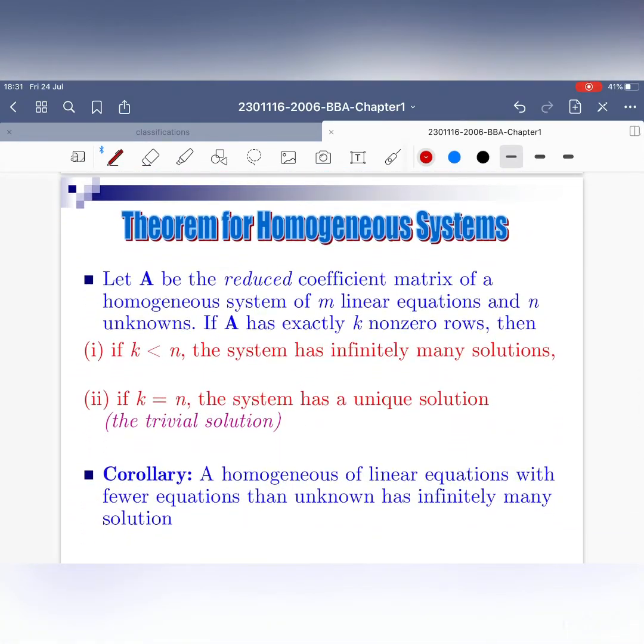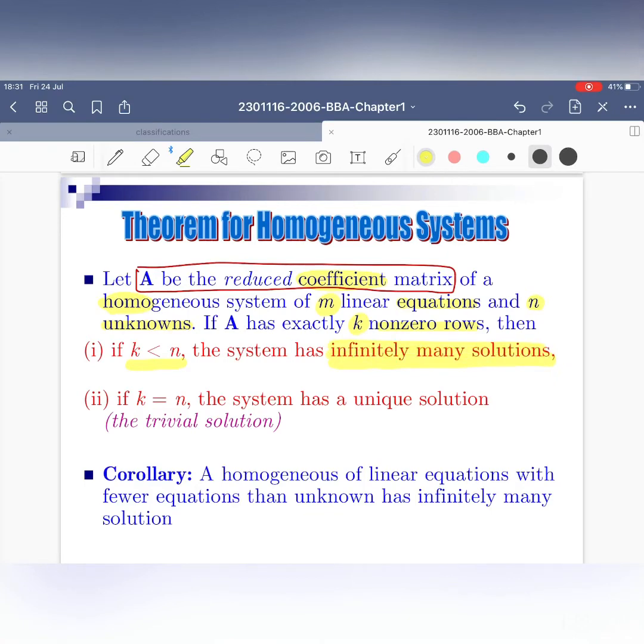So we have a theorem saying that if your A is a reduced coefficient matrix, so this is only the coefficients, of a homogeneous system of m equations and n unknowns, and your A contains exactly k non-zero rows, then if k is strictly less than n, the system has infinitely many solutions.